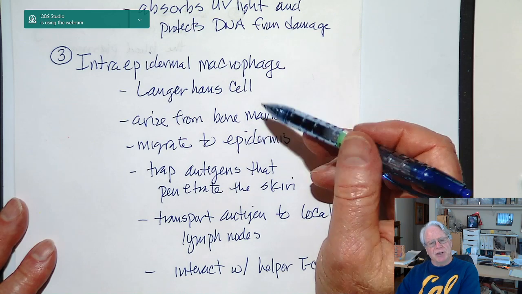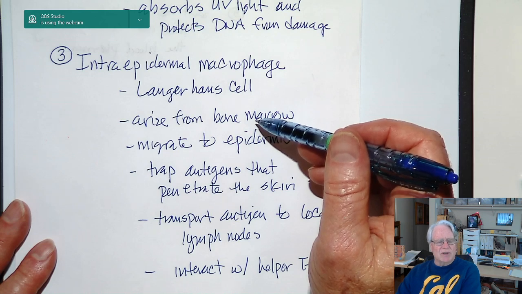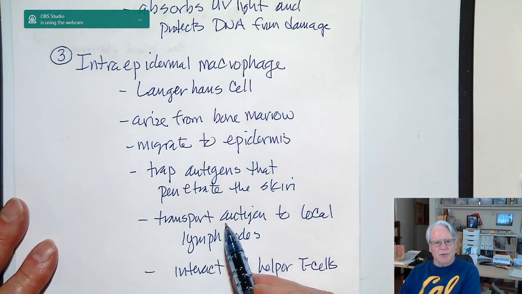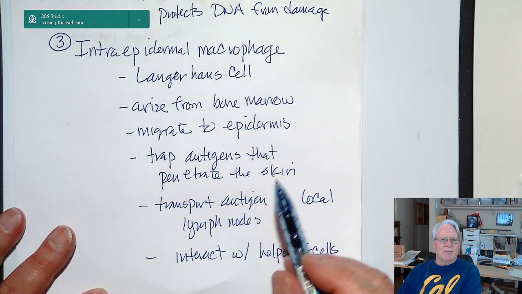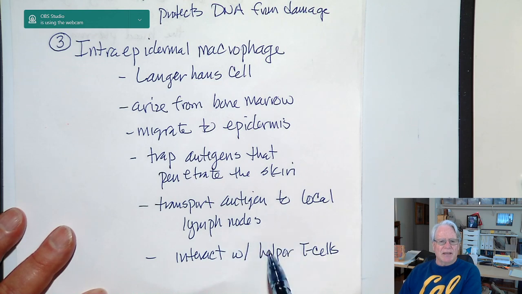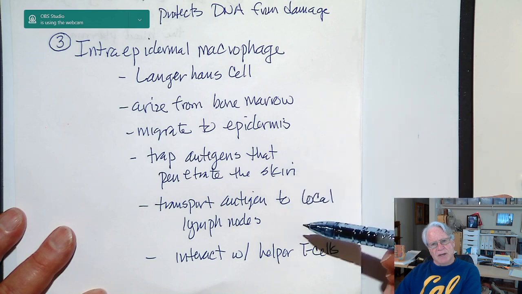It lives in the epidermis until at such time, for whatever reason, you've damaged the skin, you've punctured the skin, somehow some foreign antigen, which is a foreign substance not supposed to be in your body, gets into the skin, and then the macrophage will engulf that material. And once it's been engulfed, then the macrophage will migrate out of the skin and go to a lymph node. And in the lymph node, it will find some helper T cell that will actually recognize the antigen. And then you will have immune response. So it's part of the immunity of your body.